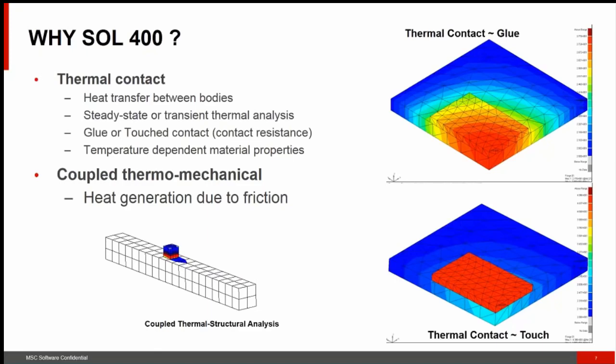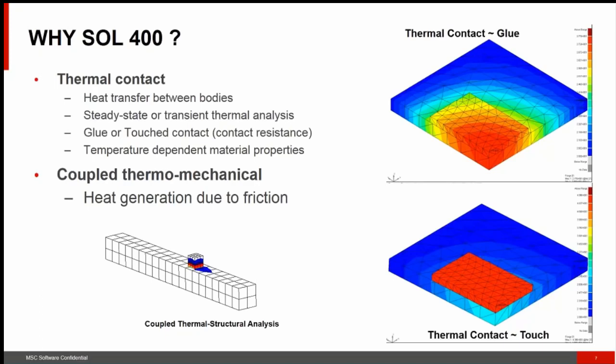You can even perform this type of analysis with structures that have different meshes using a restart procedure. MSC Nastran allows the temperatures to be interpolated from a different mesh model, as I said. This is a useful tool that's available in Solution 400.